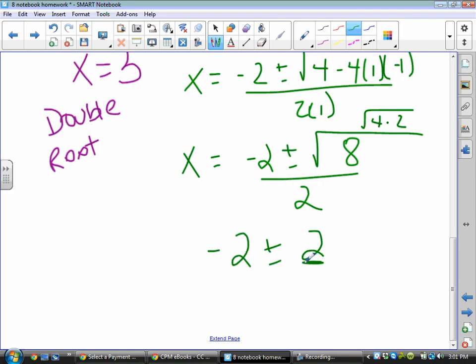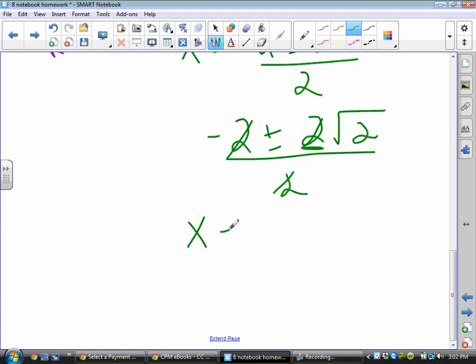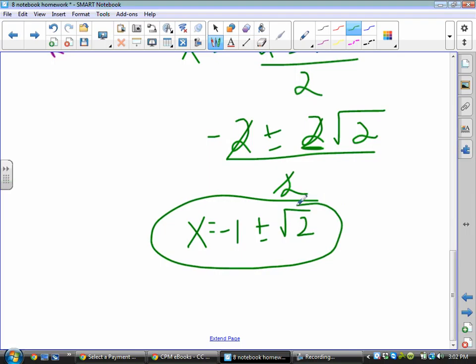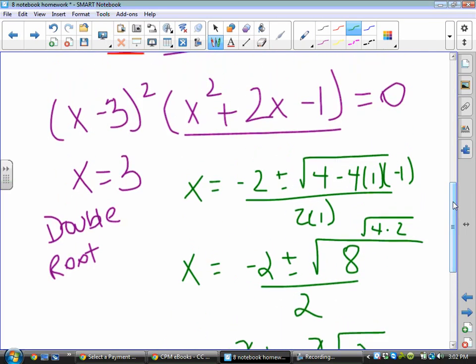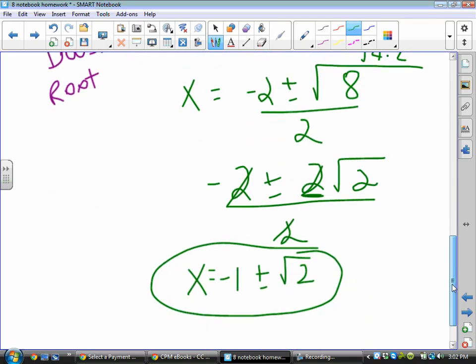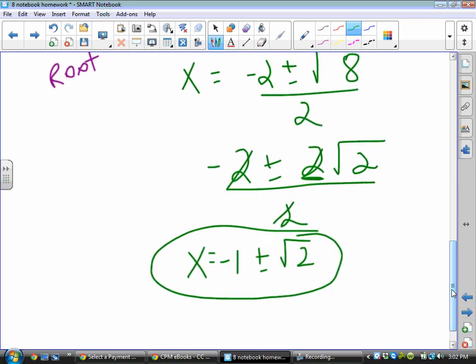This number is from the square root of 4, and I'm going to leave behind the square root of 2. And that was all divided by 2. I'm going to simplify so I can cancel all these 2's out. So all I have left is negative 1 plus or minus the square root of 2. So that's 2 of my roots right here, and I had a double root right here. It was originally an x to the 4th equation, and that's how I found my roots.